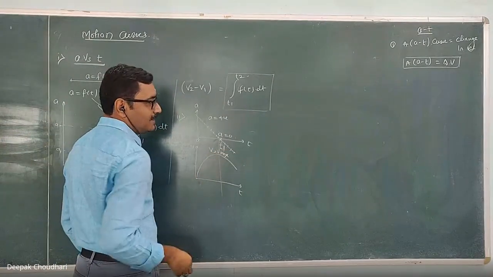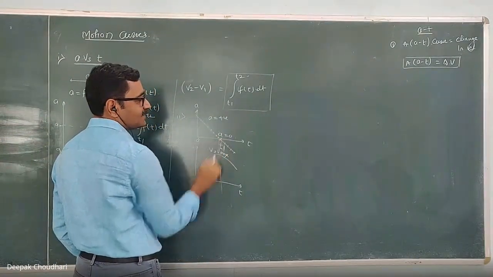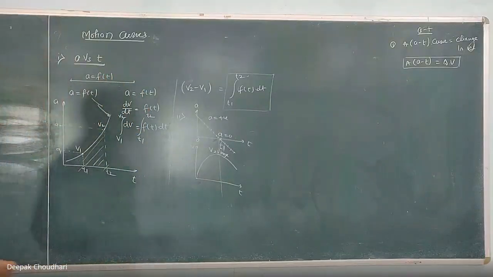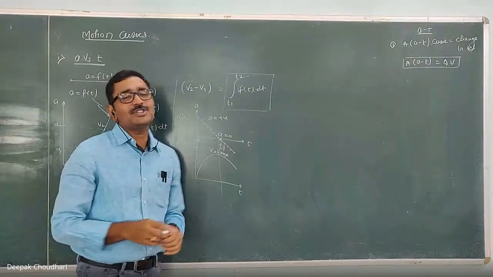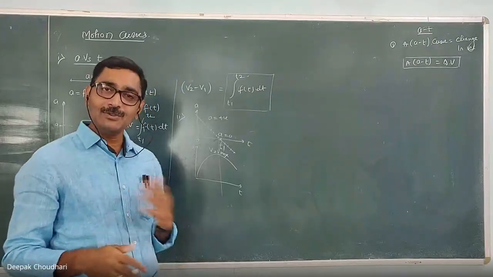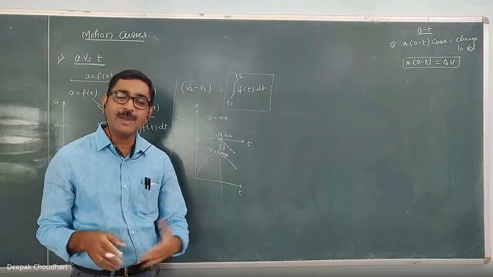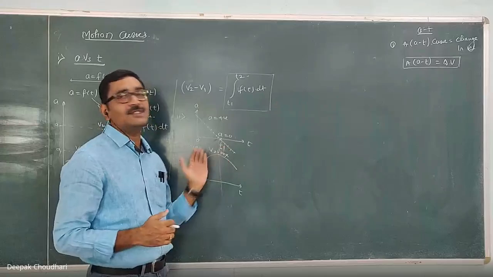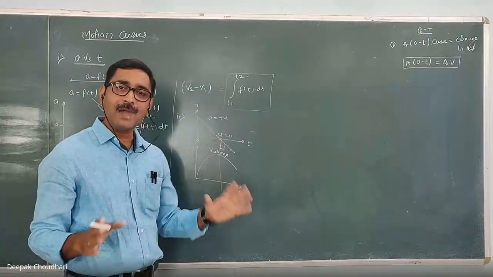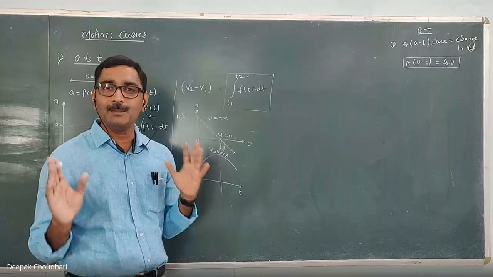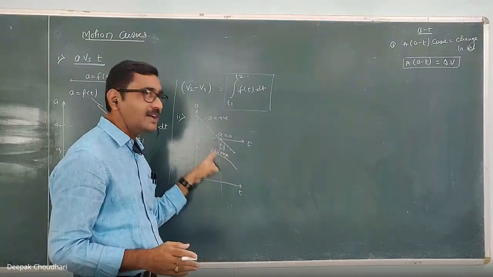I told you in the morning lecture that for maximum velocity the acceleration has to be 0. Okay, so related to the motion curve, I can conclude that the time at which the acceleration is 0, or the time at which the at curve changes its sign from positive to negative, at that time the velocity will be maximum. If you have to plot the velocity time diagram, then you must mandatorily show this point.